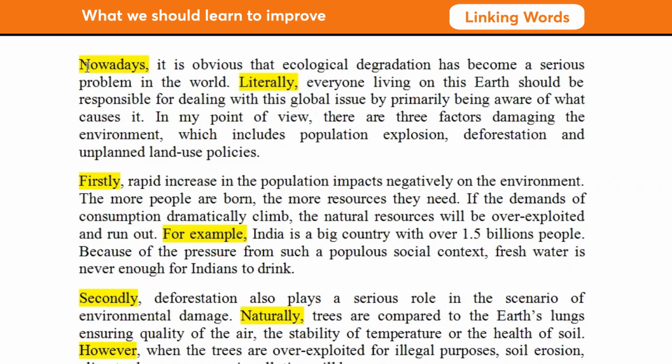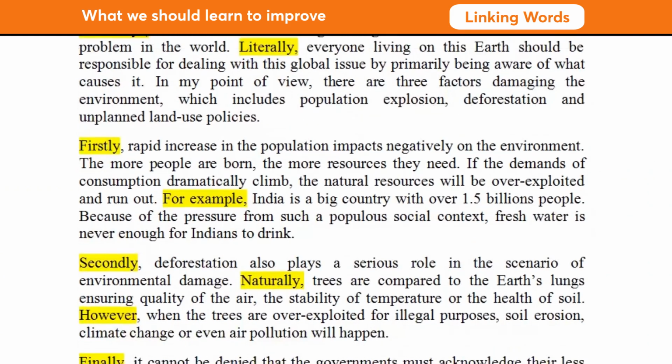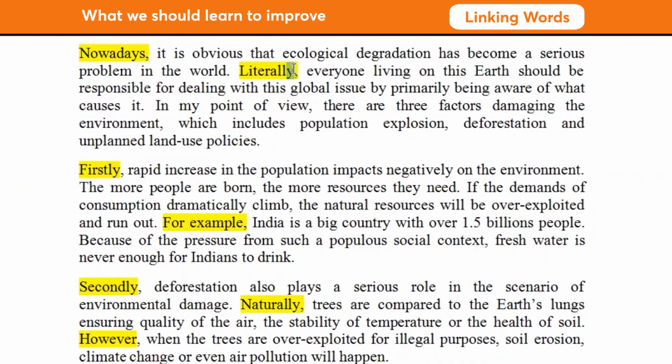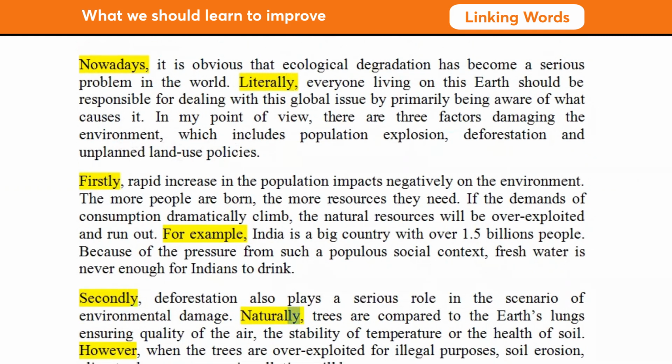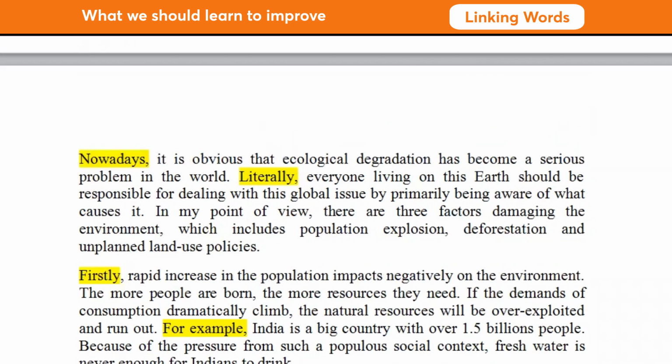But the reason I've highlighted these is you can see, yes, there's a range. The writer doesn't use the same ones, but nearly all of these are at the beginning of sentences. And nearly all of them are these type with the ly on the end. Okay, you know, it's not wrong, but it's always good to vary the way you do it.